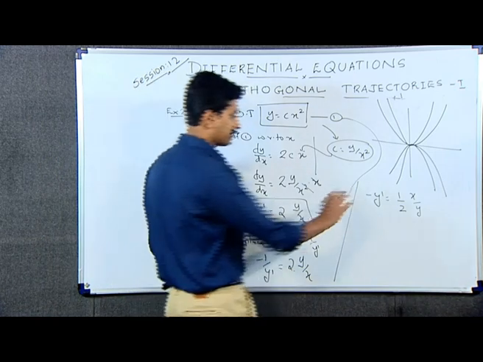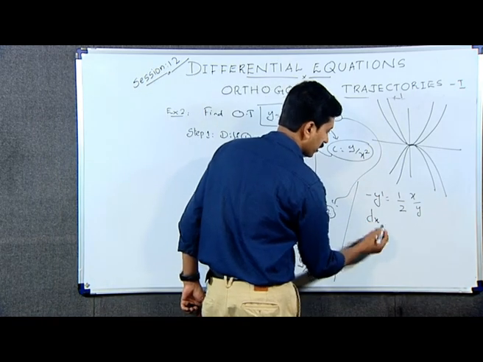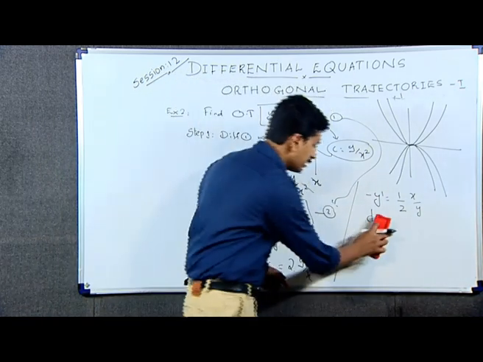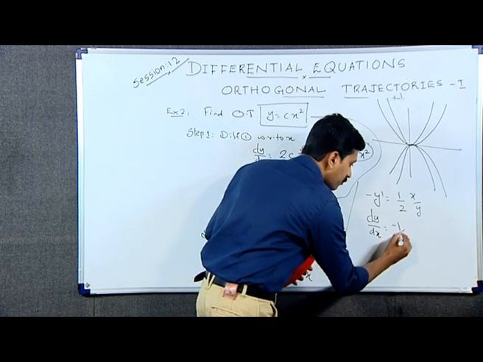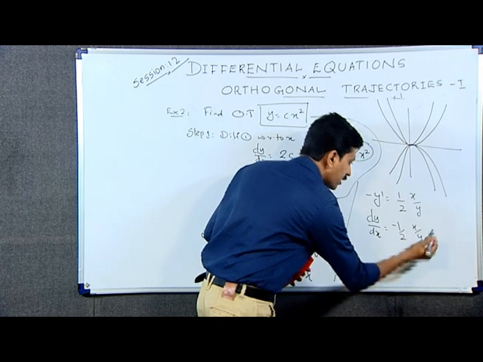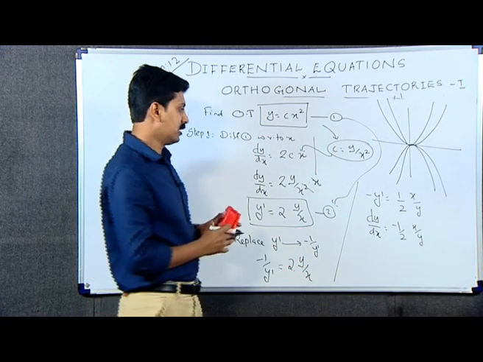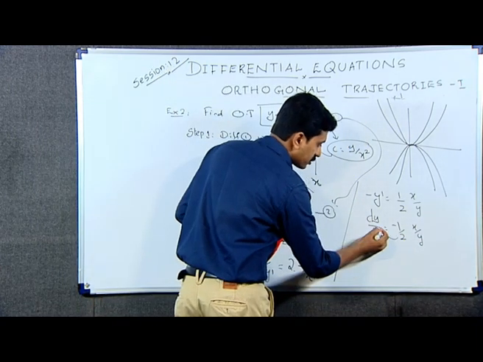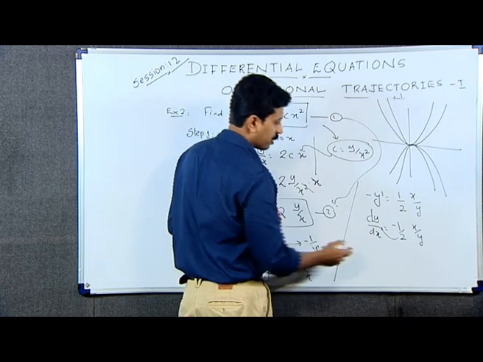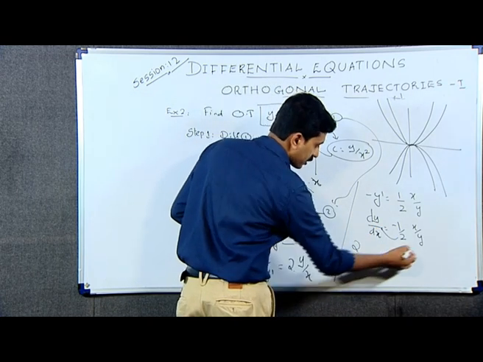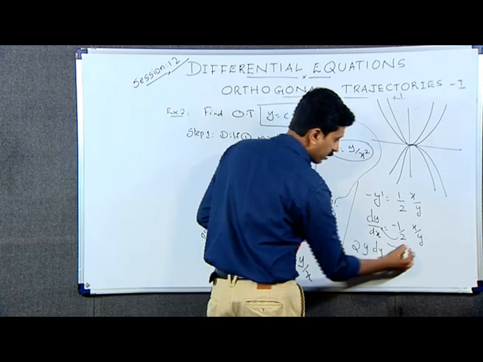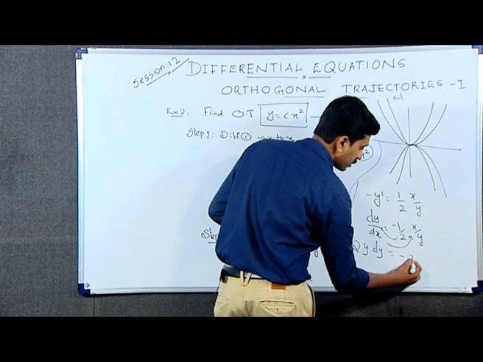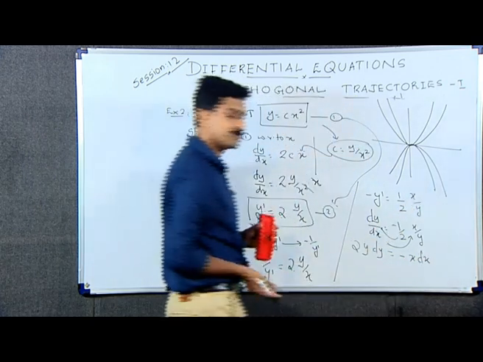I am giving this as dy by dx is equal to minus 1 by 2 x by y. I am taking this 2 to be here, and y to be here: 2y dy is equal to, I am taking dx to be here, minus x dx.